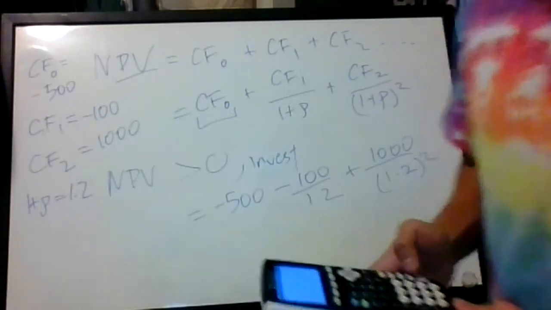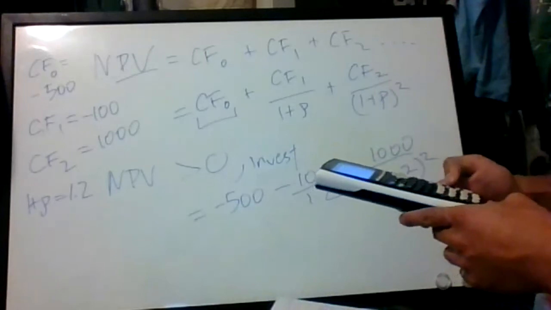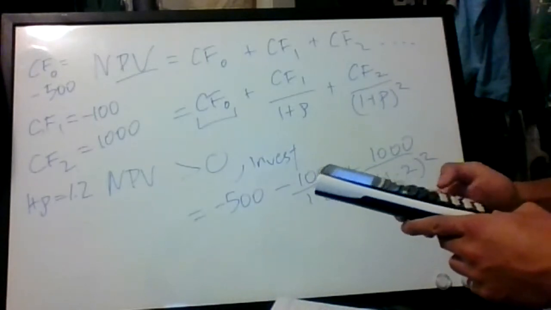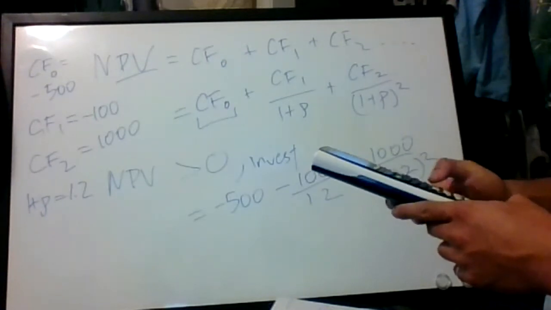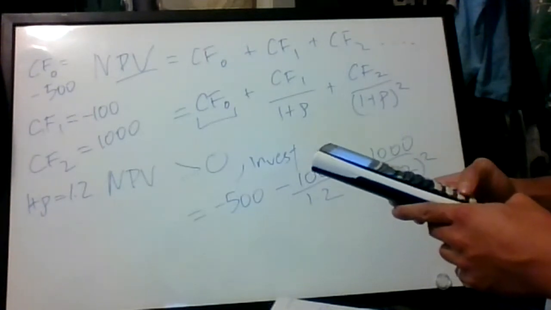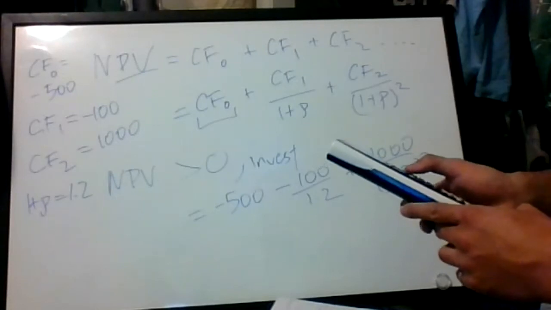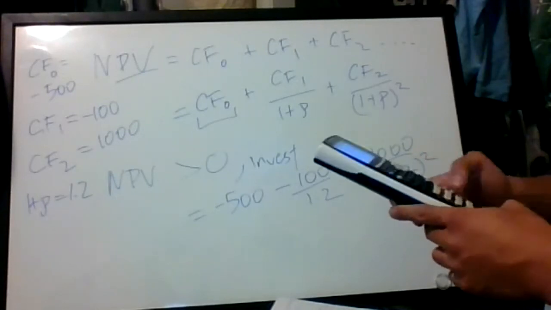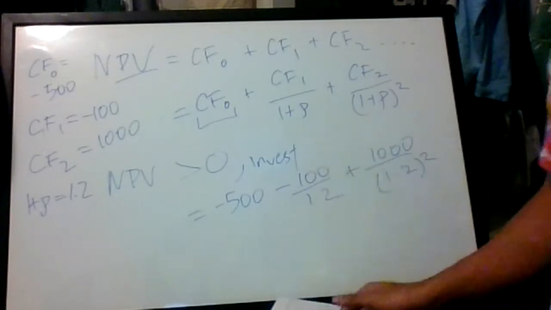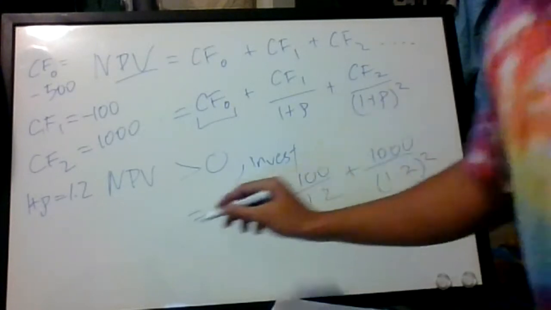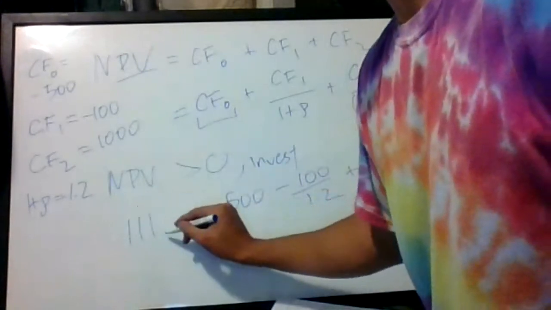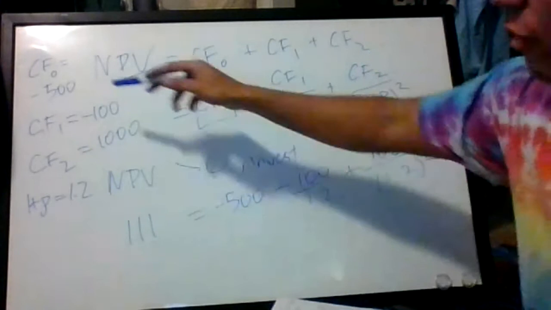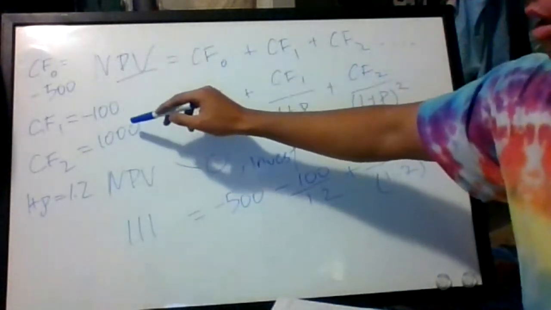This will be equal to negative 500 minus 100 divided by 1.2 plus 1,000 divided by 1.2 squared. And this is equal to 111.